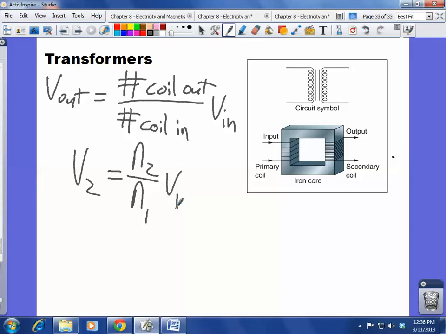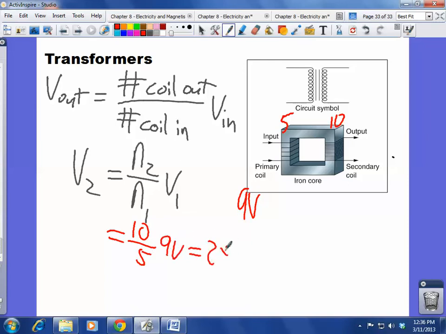So in this case, let's say we connected a 9-volt battery to this transformer. It looks like there's about 5 coils over here and maybe 10 over here. So our voltage coming out of this situation would just be 10 divided by 5 times that 9 volts.